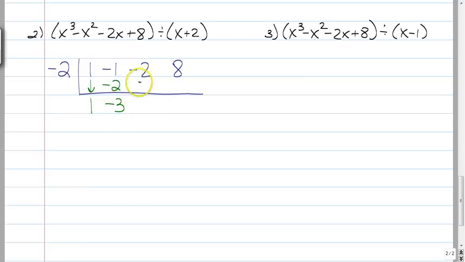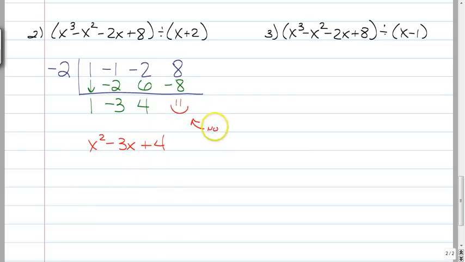Negative 2 times a negative 3 is 6. Negative 2 plus 6 is 4. Negative 2 times 4 is a negative 8. And negative 8 and 8 add to 0, which means you have no remainder. So that means we have x squared minus 3x plus 4, no remainder.